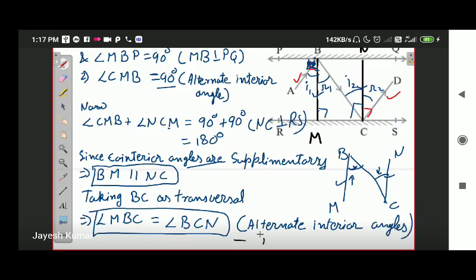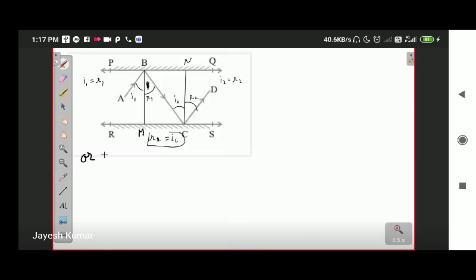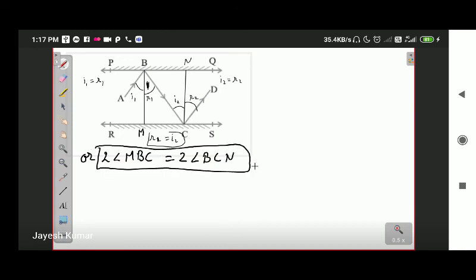Let me make a few more changes in this. How about I say twice of angle MBC is equal to twice of angle BCN. I have multiplied 2 on both sides. The reason you will understand as we move on with the question.